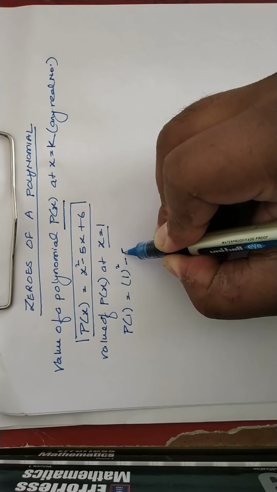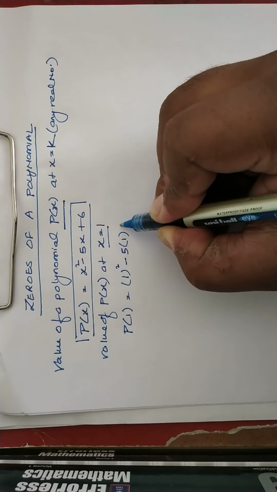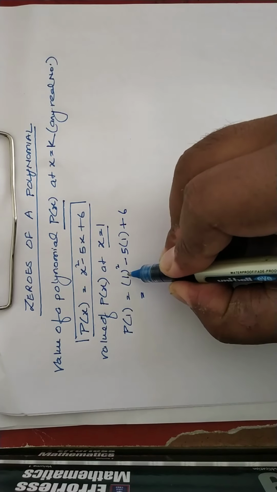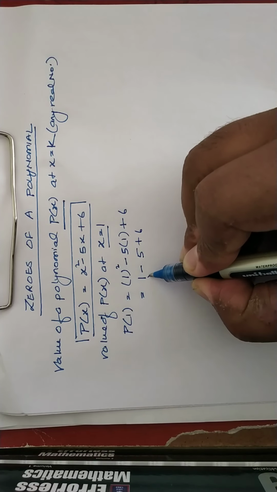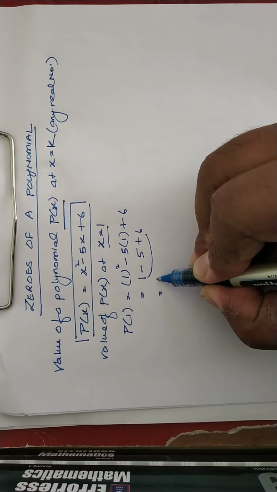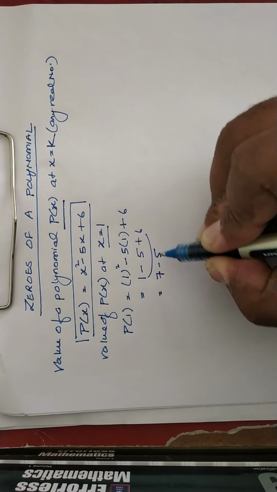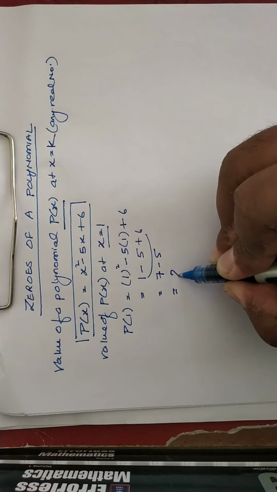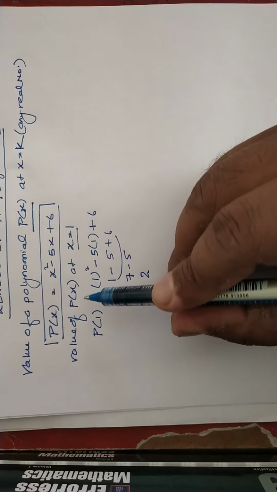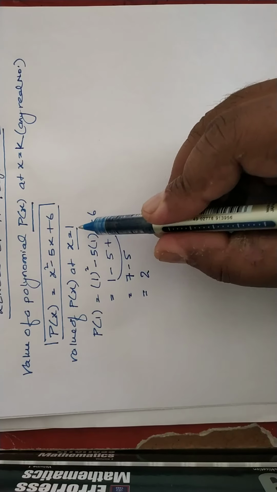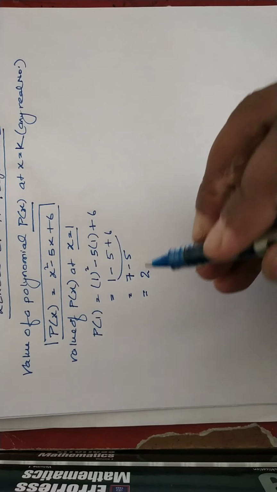So 1 square minus 5 into 1 plus 6, that is 1 square is 1, minus 5, plus 6, adding similar sign, 6 plus 1, 7, 7 minus 5, it comes out to be 2. So value of p(x) at x equal to 1 comes out to be 2.